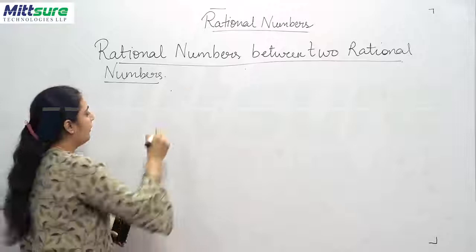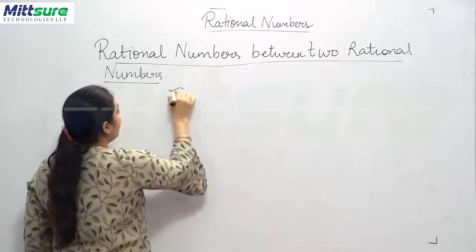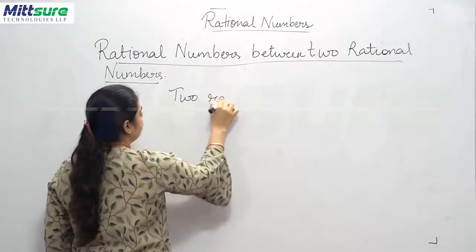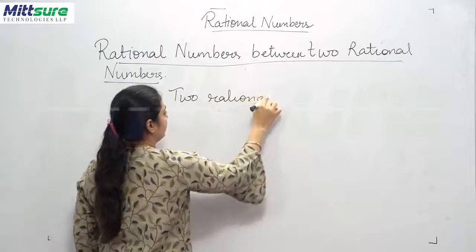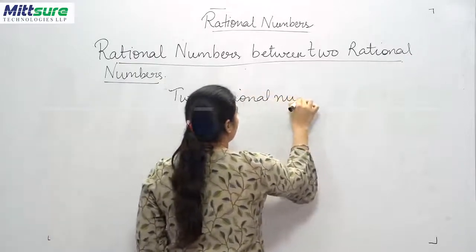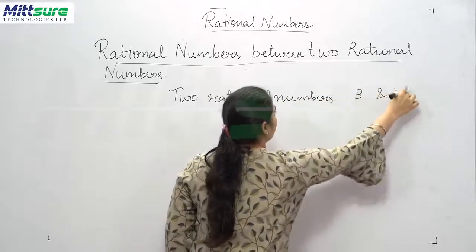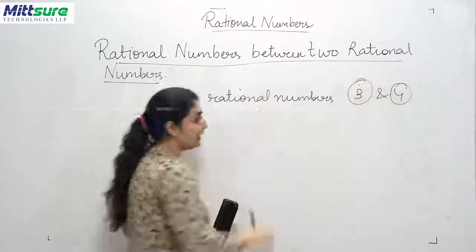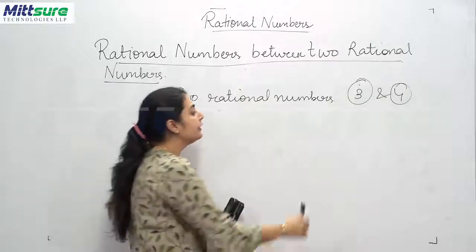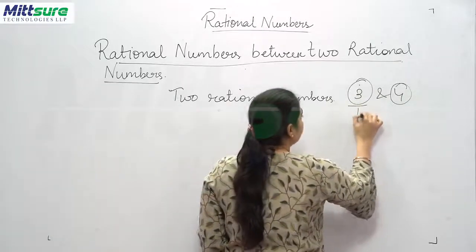Now see, I have two rational numbers, 3 and 4. Now 3 and 4 could be considered as rational numbers because they could have the denominator 1.